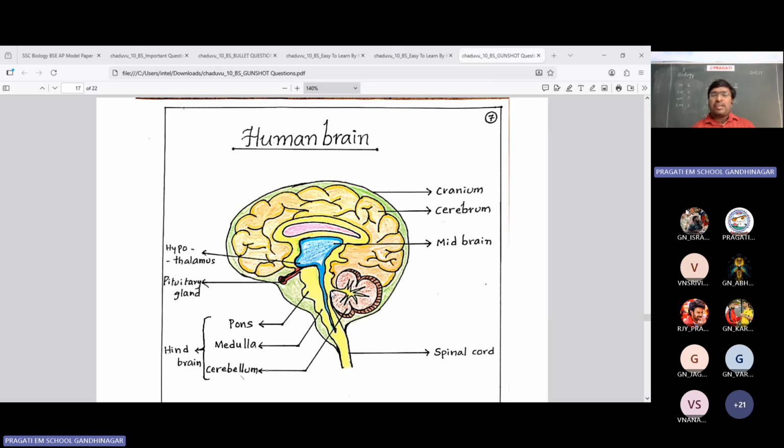The master gland in the brain is the pituitary gland. See how I represented the cranium, cerebrum, midbrain, hypothalamus, pituitary gland, hindbrain, pons, medulla, cerebellum, and spinal cord. These are very, very important parts for the diagram. This is about the human brain.